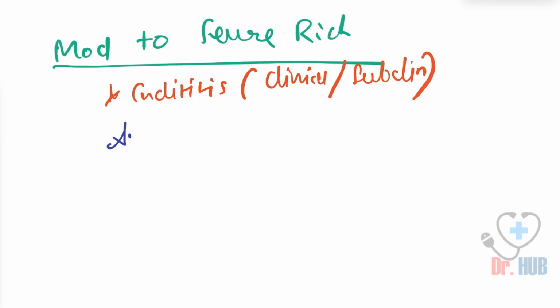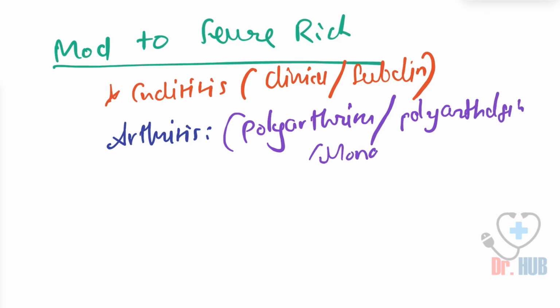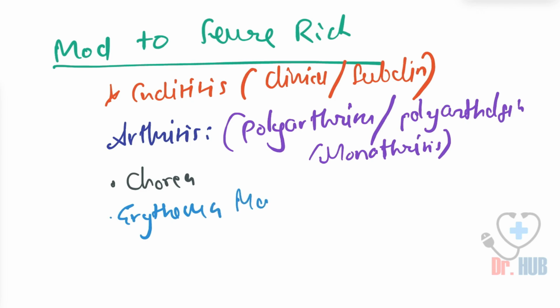Then we have arthritis, which includes polyarthritis, polyarthralgia, and monoarthritis. Then we also have chorea and erythema marginatum. Next, we also have subcutaneous nodules.